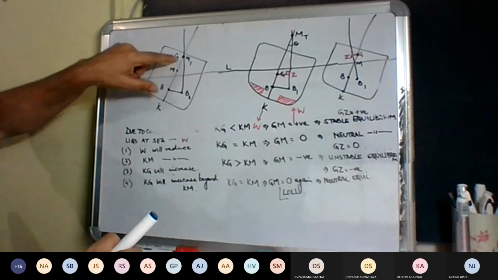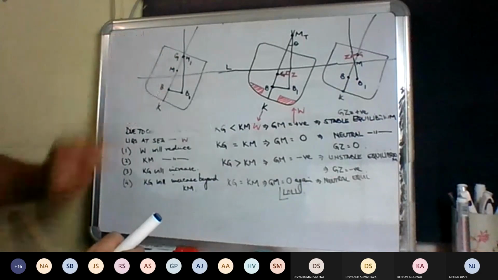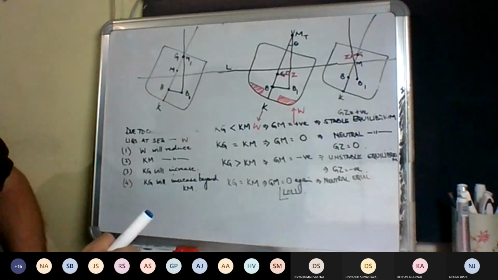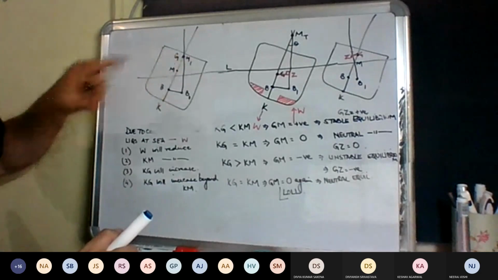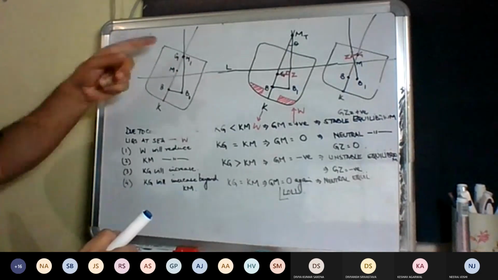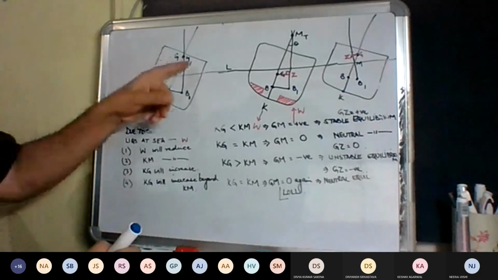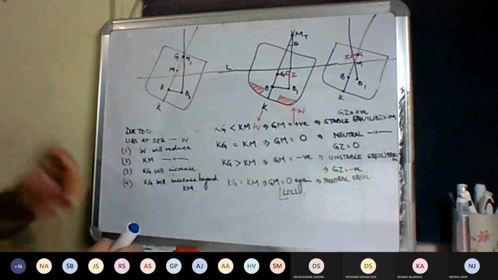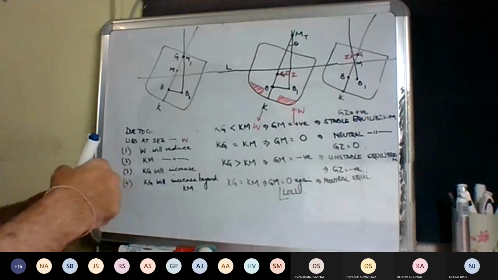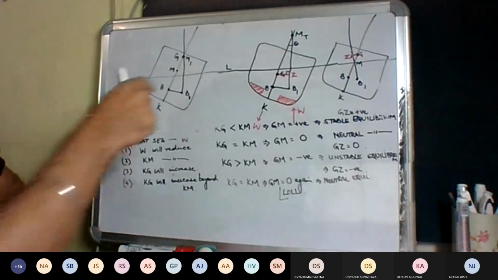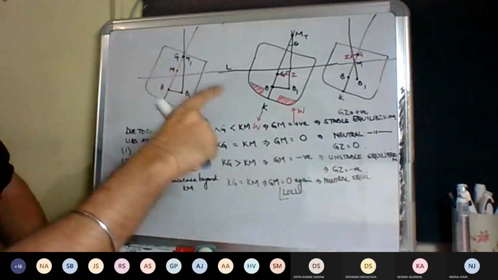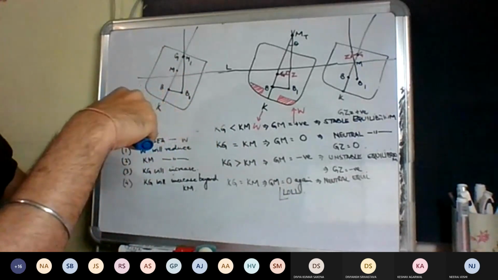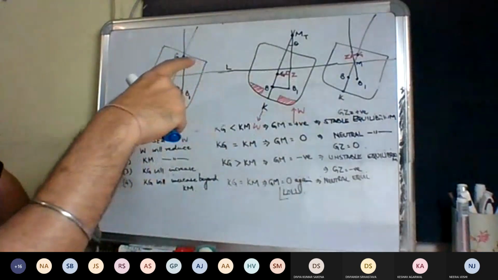The M began to rise as I kept on increasing the heel. So therefore, M went to M1, coincided with the G. GM1 has become 0. It has become 0 again. It was 0 initially also, before it went to angle of loll.